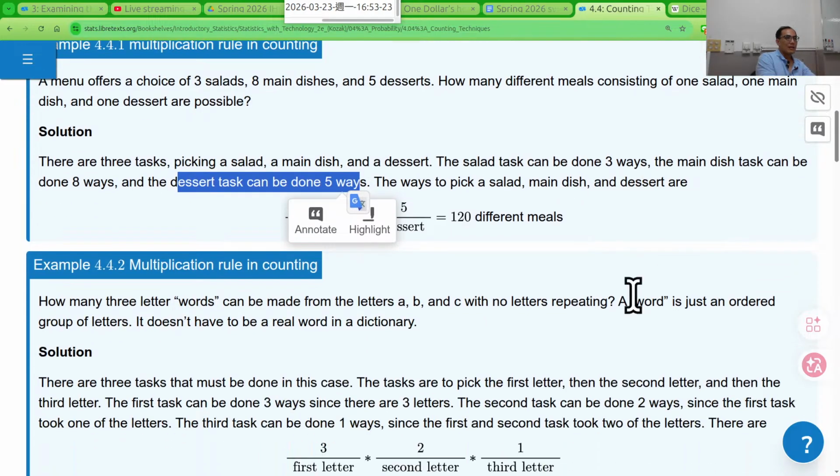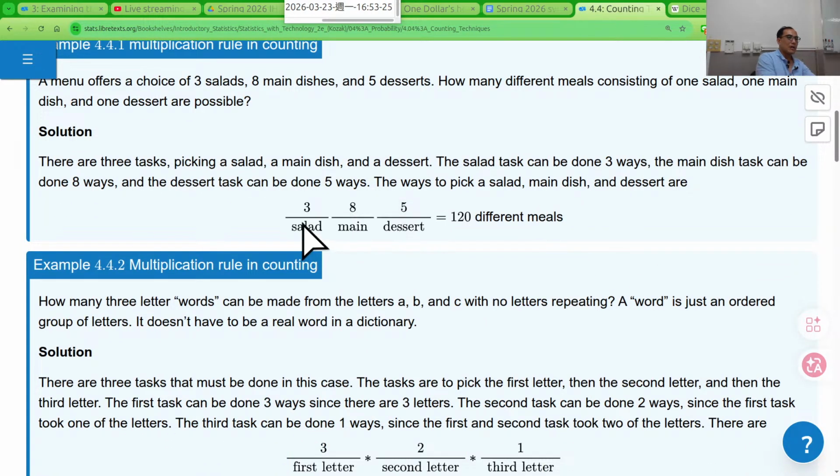Thus, the combination is 3 times 8 times 5, which is 120 different meals. So far, any questions?